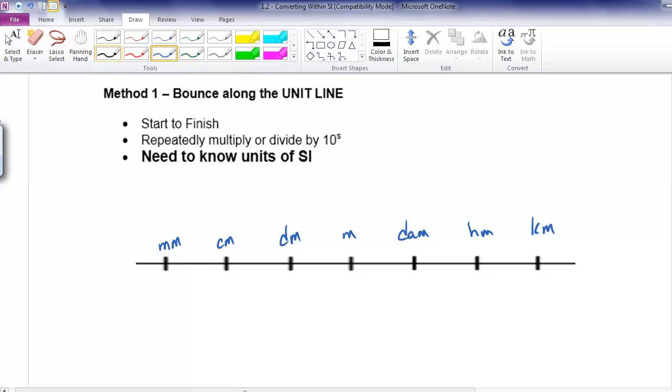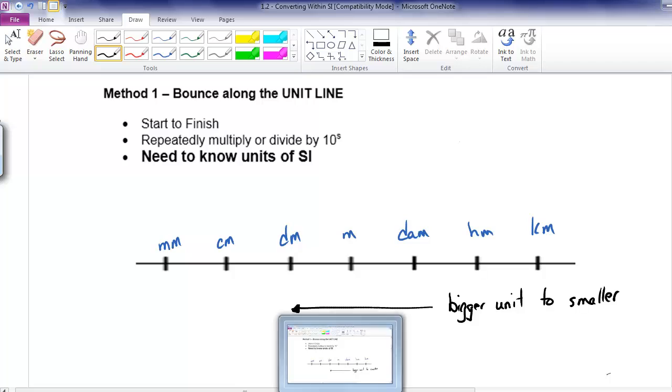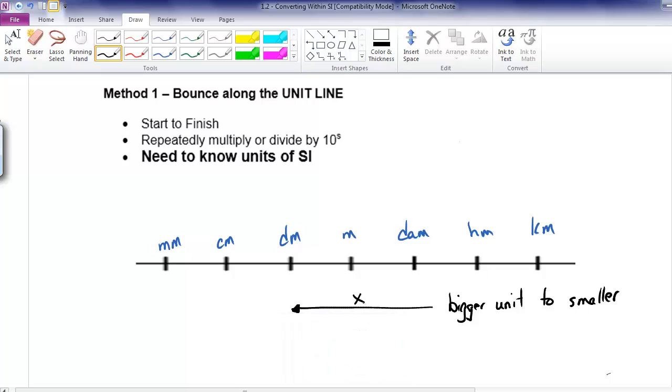When we go from right to left, we're going from a bigger unit to smaller. And as we go from bigger unit to smaller, whenever we go in this direction, we're going to multiply by 10.